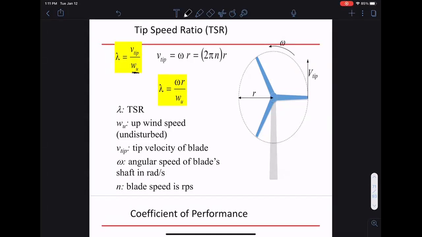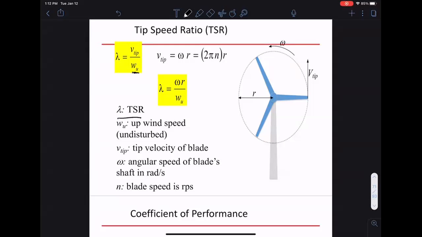The key thing is that how fast or how slow is a relative quantity. It's relative to how fast the wind is blowing. So we're going to divide this by the speed of wind. This is called the tip speed ratio, lambda.